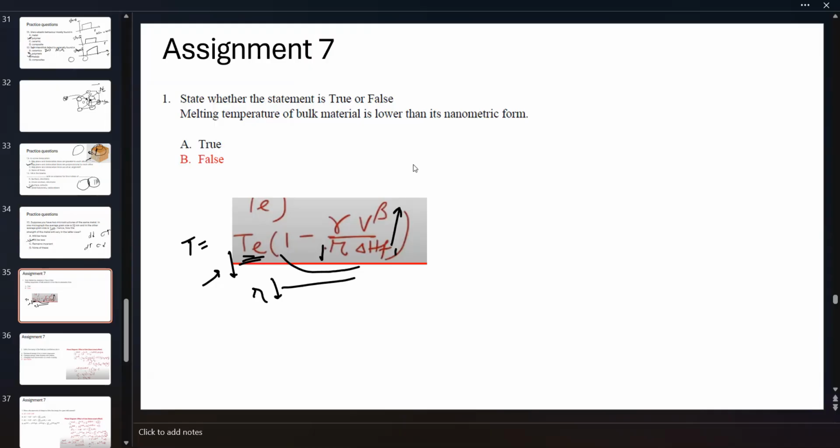If you remember this equation, T is equal to TE times 1 minus gamma VB by R, where R is for bulk material.